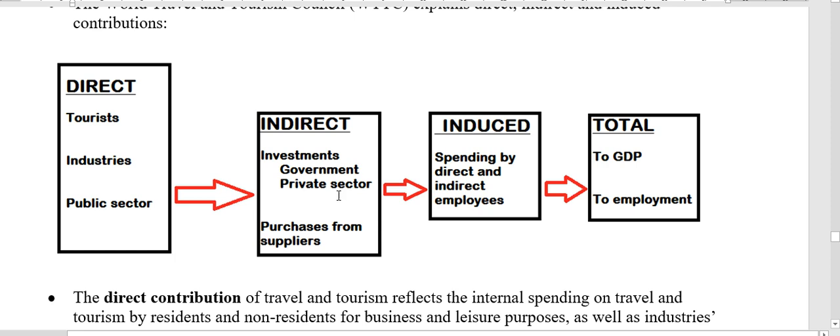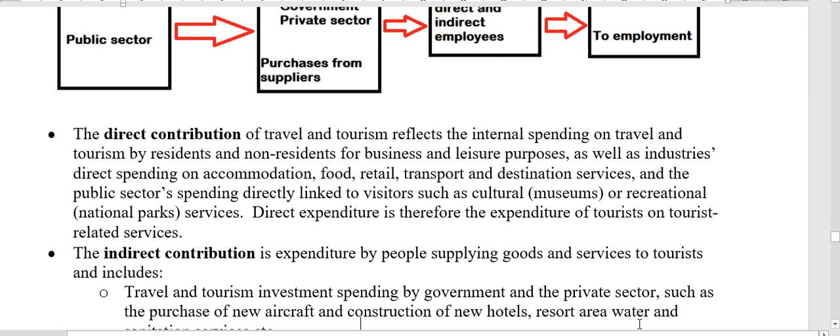Indirect will be the institutions that provide the direct tourist industry with things, like the farmer that provides food to the restaurant. The restaurant will be direct. The farmer cultivating the food will be indirect. And then obviously the employees that are paid, their spending will be the induced expenditure. So there's your explanation.